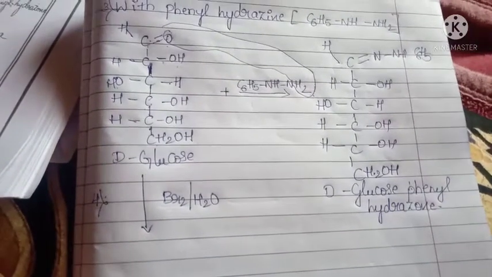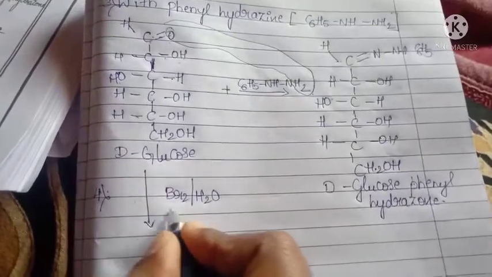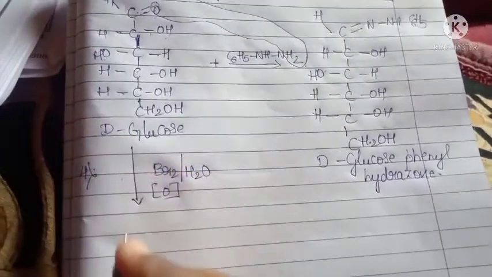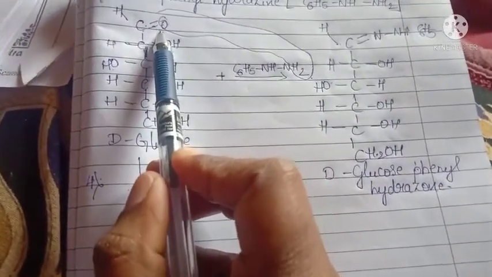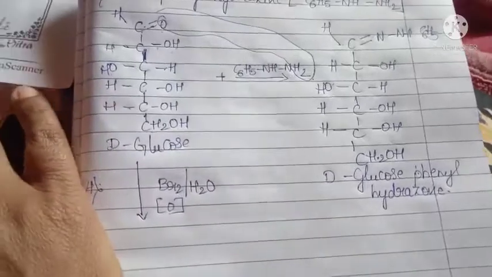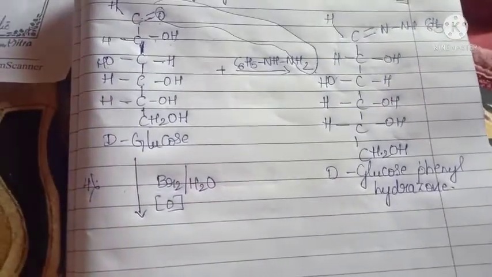Here bromine water acts as an oxidizing agent, and in that gluconic acid is formed. It means oxygen should be added here. Oxidation, you know, means addition of oxygen or removal of hydrogen.